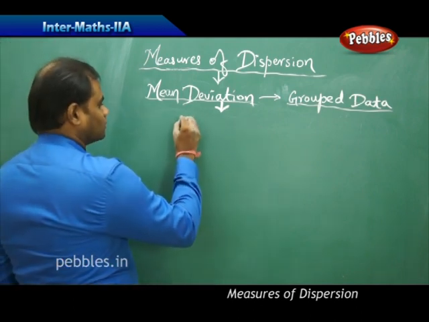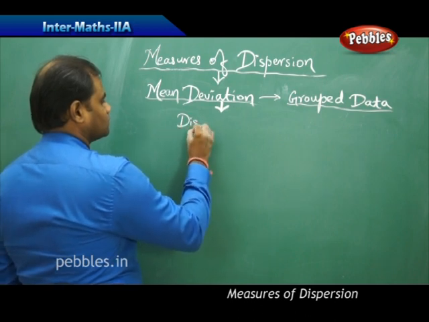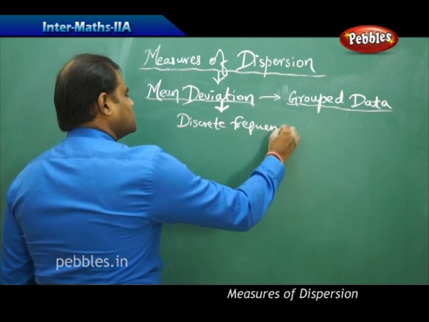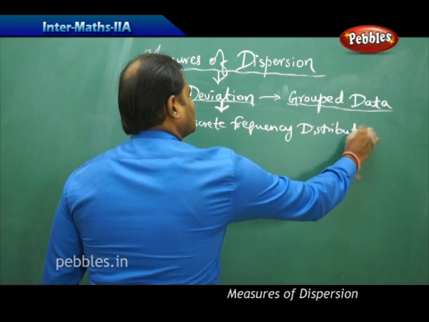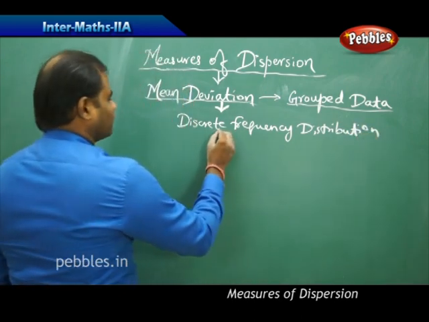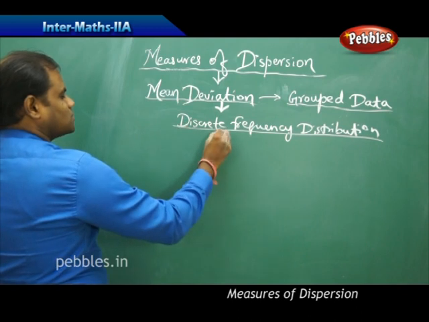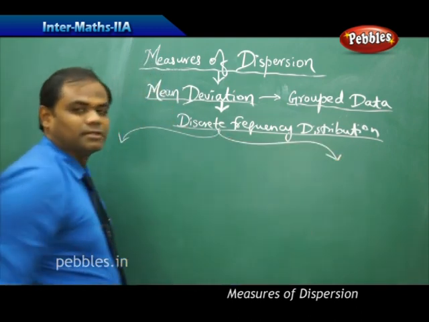Initially, for discrete frequency distribution, again I calculate through two means. One is using mean and the other is using median.